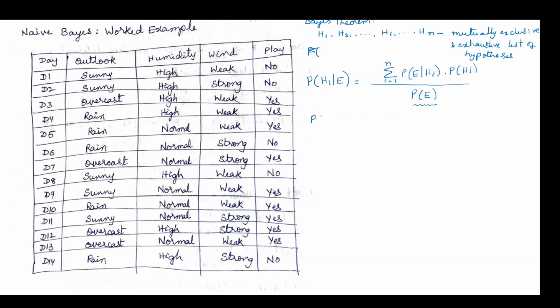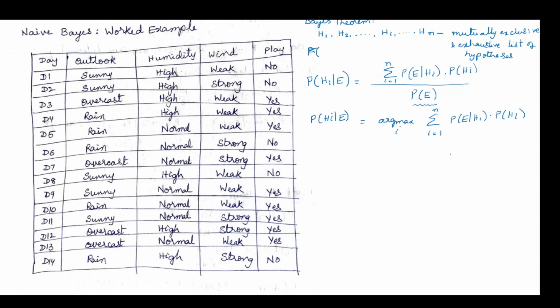So P of Hi given E is true for that value of i that maximizes this term, sigma i equal to 1 to n, P of E given Hi multiplied by P of Hi.